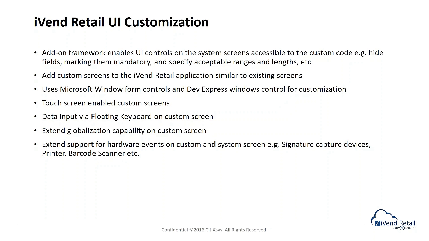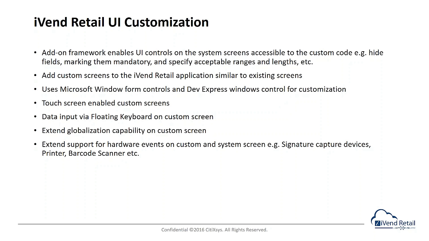So for example, if you have to show your screen in Arabic language, or for that matter in Spanish, it's very much possible. You can manage your global resource strings in resource files or from the database, and then you have a specific globalization event which will help you to segregate your code at the class level, and it's then easy to manage your globalization.